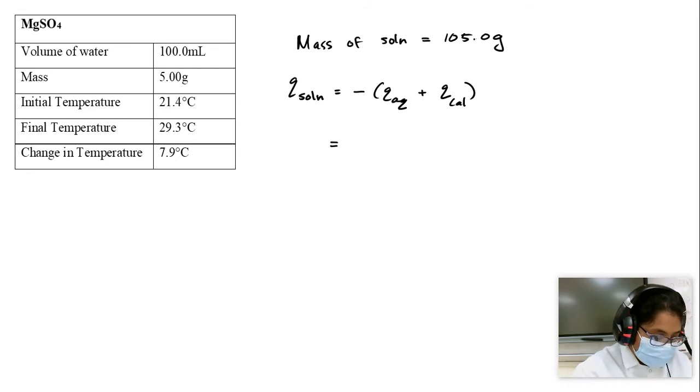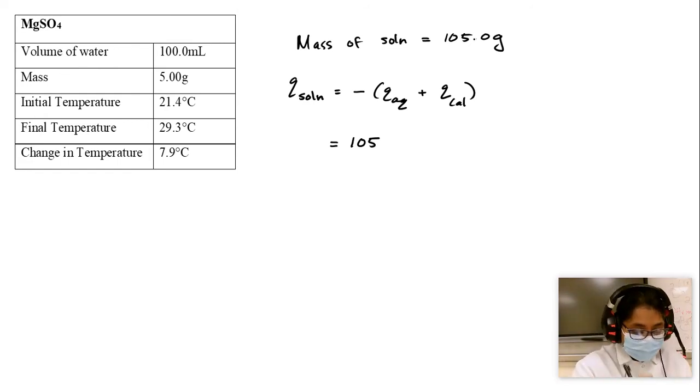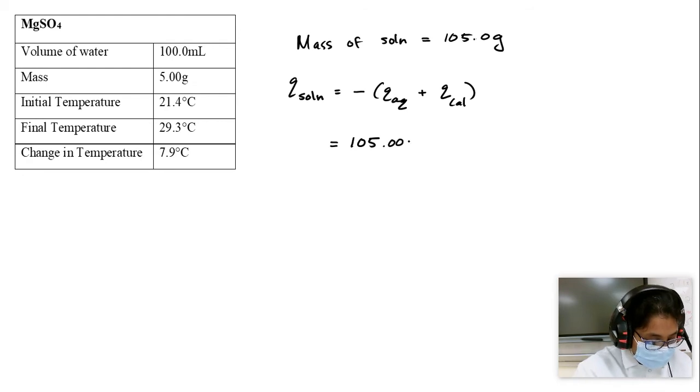So that's going to be 105 grams. When you're dissolving something in water and that's your whole reaction, that's your system, okay? That means you have to add both the mass of the water and the salt together to get the total mass of solution, okay? Don't just do it for the 5 grams. So 105 grams of solution.